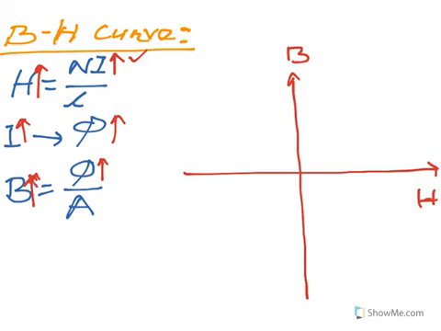Ultimately the flux density and the magnetizing force are proportional to each other.